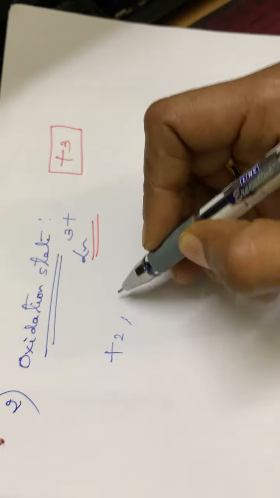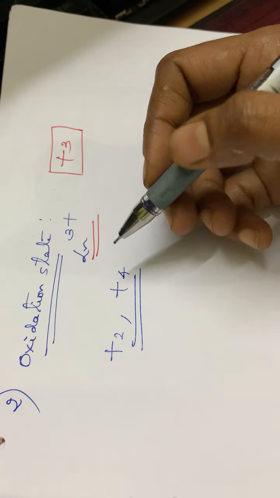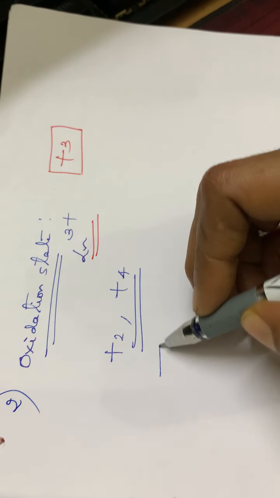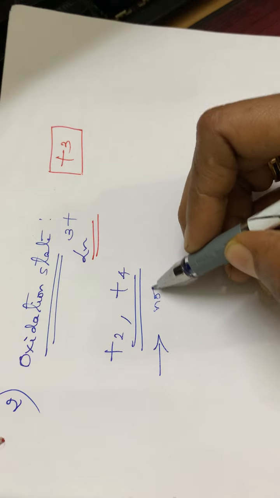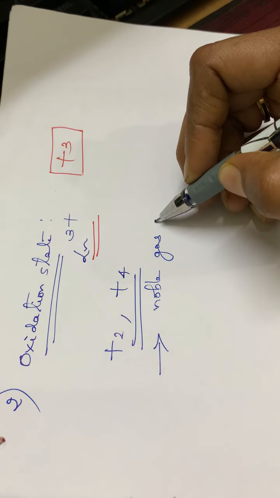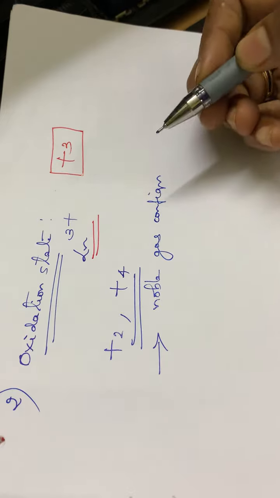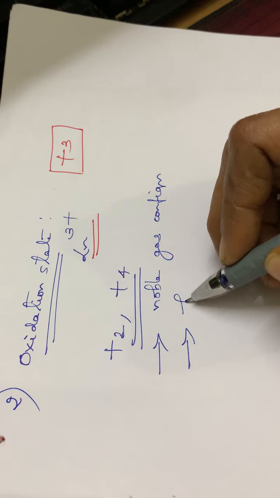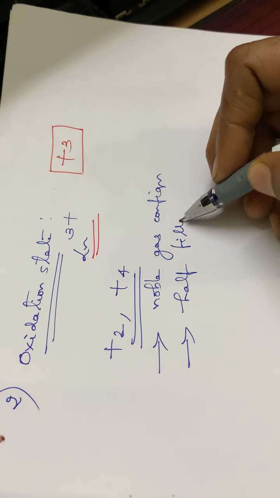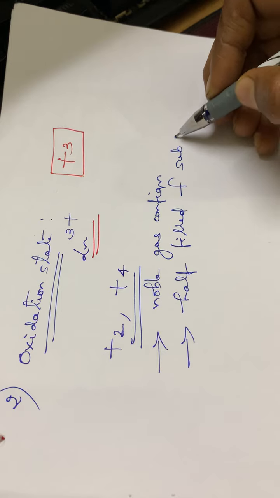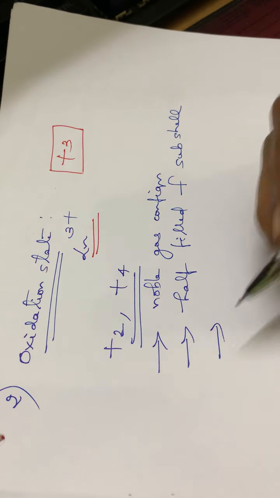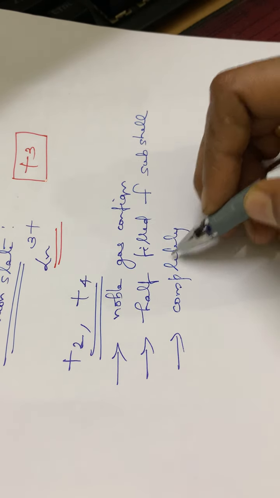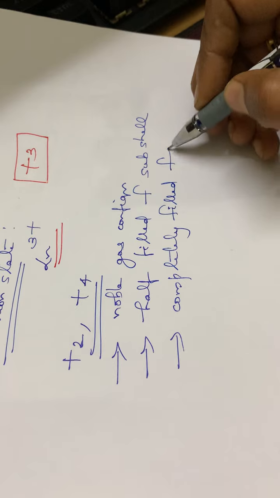Sometimes +2 and +4 oxidation states are there, and when these +2 and +4 oxidation states occur, they will either have a noble gas configuration, meaning an inert gas configuration or a completely filled configuration, or sometimes a half-filled f subshell, or sometimes a completely filled f subshell.